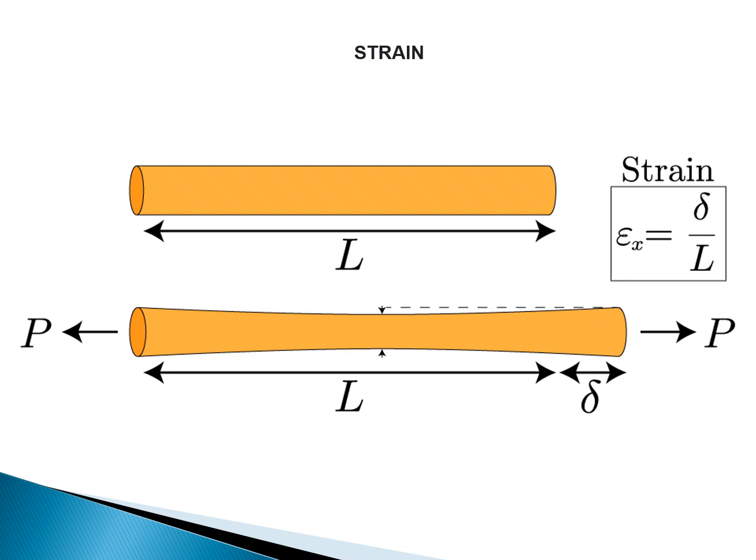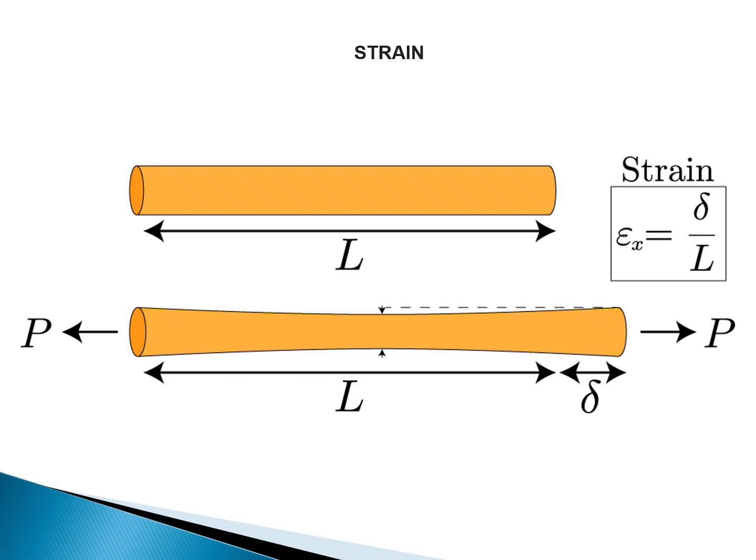As a result of stress, the material undergoes some deformation, and this deformation can be either elongation or compression. When there is a change in dimension of a material, this resultant change is called strain. Usually, this is the change in length divided by the original length.